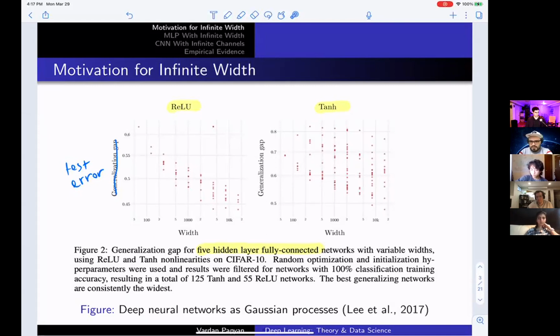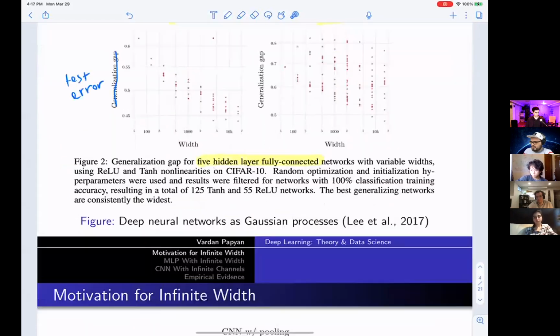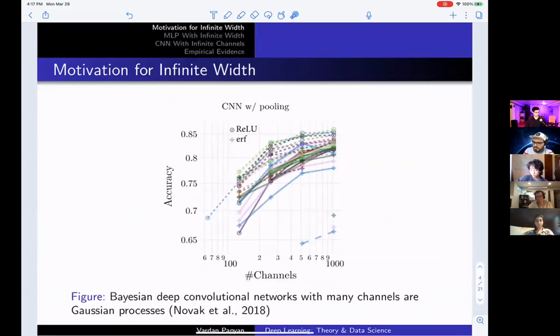Indeed, that is what they did in a follow-up work by Novak et al. What Novak et al. show is that if you put on the x-axis the number of channels in a convolutional layer, and on the y-axis the accuracy, you can see how the accuracy improves with the number of channels.